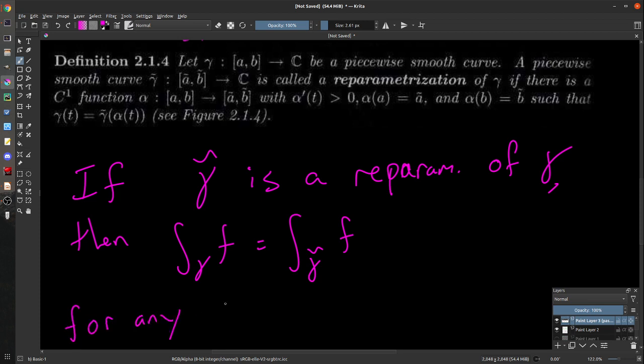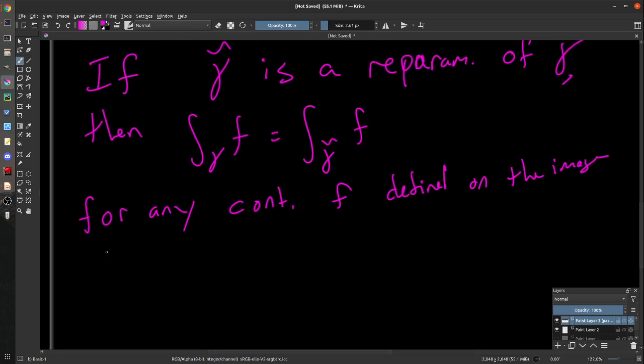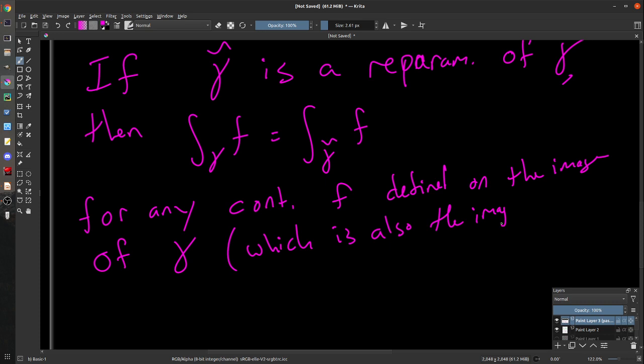For any continuous f defined on, I should say, the image of gamma, which is, of course, the image of gamma tilde, because they're the same curve.